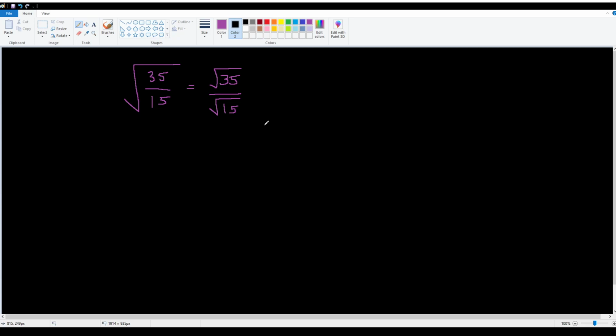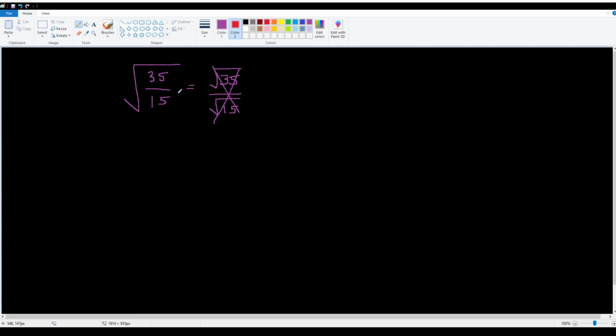So this is fine. But now the problem is this goes against Rule 3, which says we can't have a denominator that has a radical with it. So now I have to figure out what I am supposed to do here. So really, the first thing I should always do, and I shouldn't have even started by doing this, is look at the fraction that's underneath and see if maybe this can be simplified.